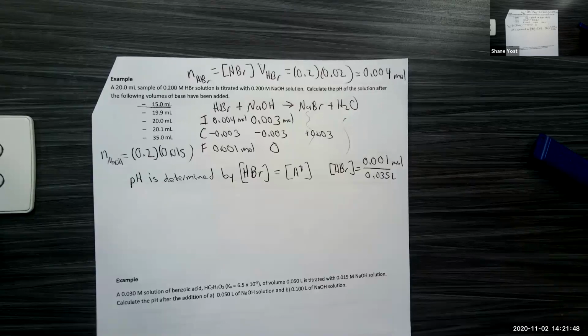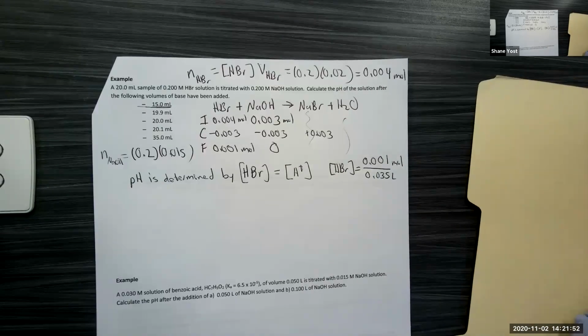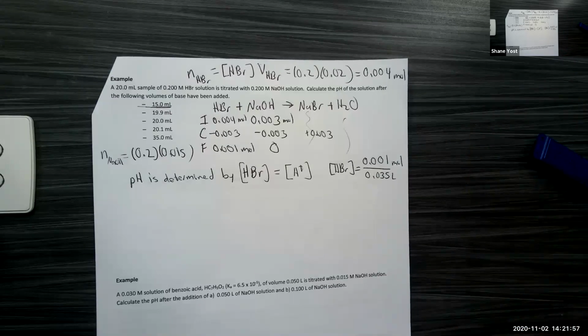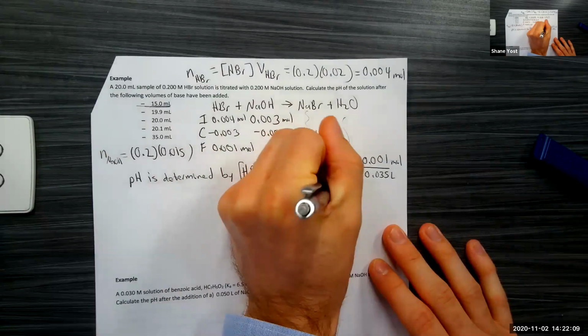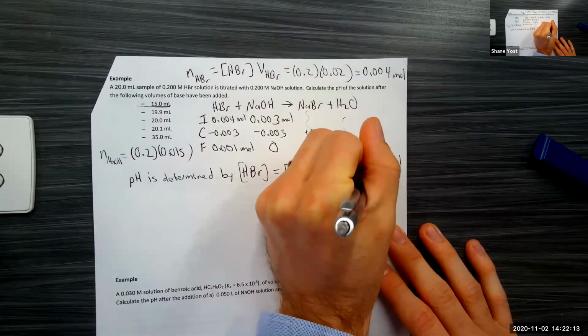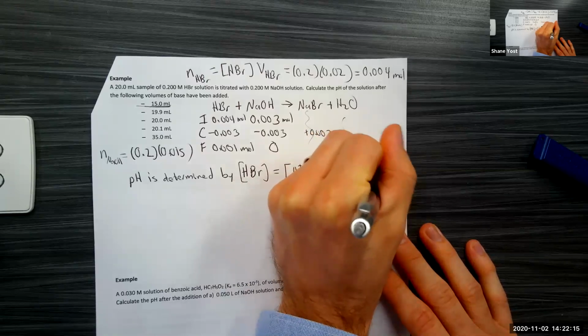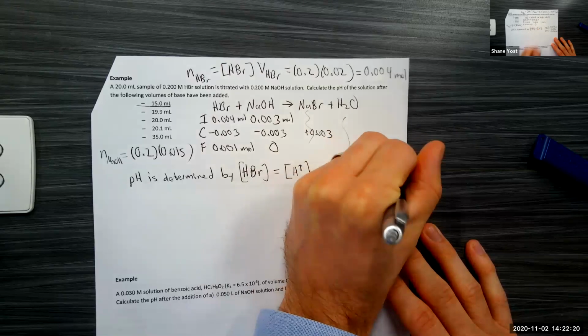So that is going to give me the concentration of HBr. The final concentration of HBr is equal to 0.0286 molar.